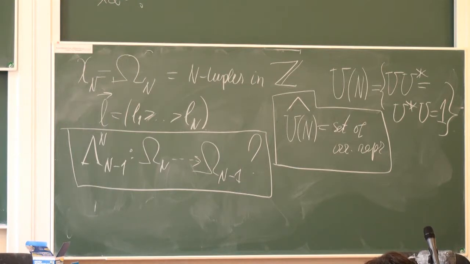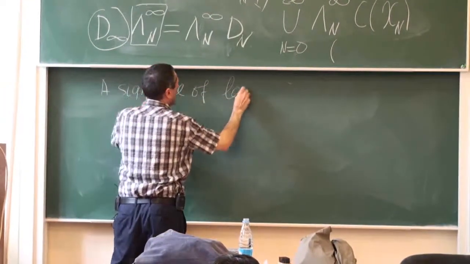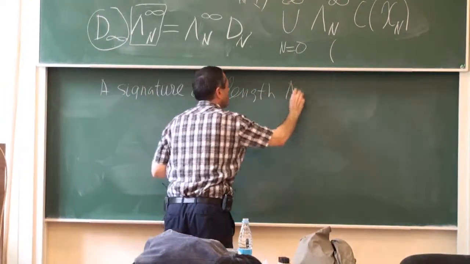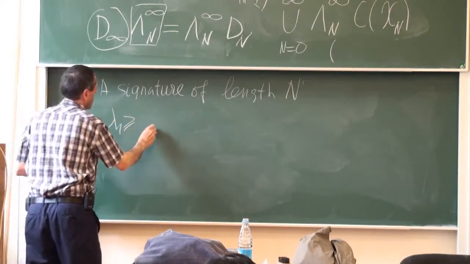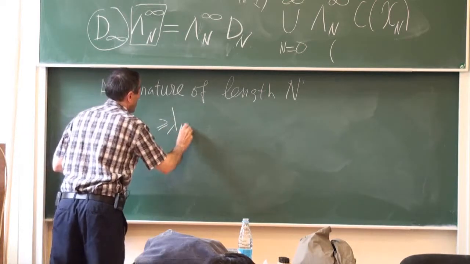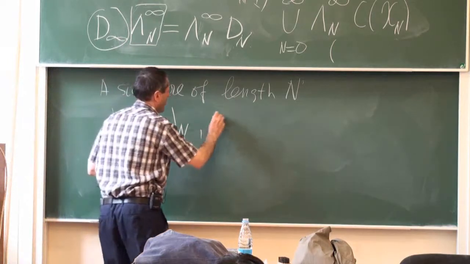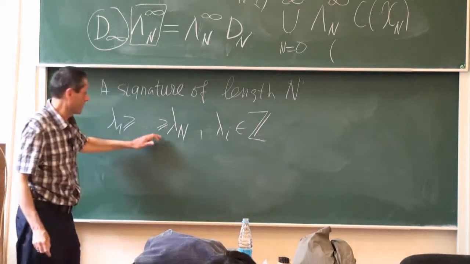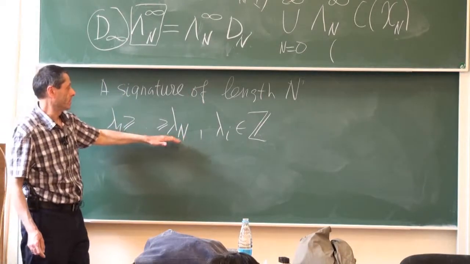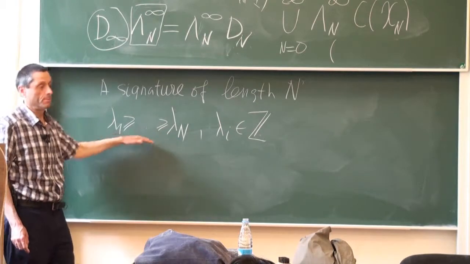So a signature of length n is an n-tuple of integers which are weakly decreasing. I would like to stress that I do not impose the restriction that all these integers are non-negative. They can be arbitrary.